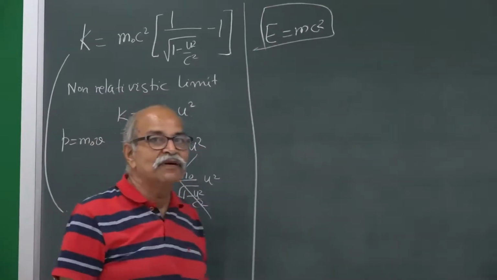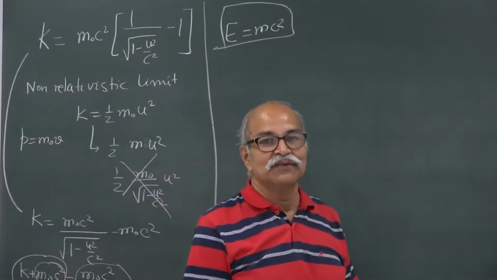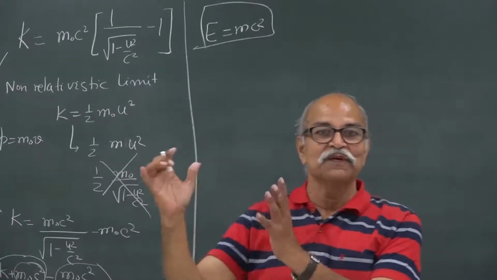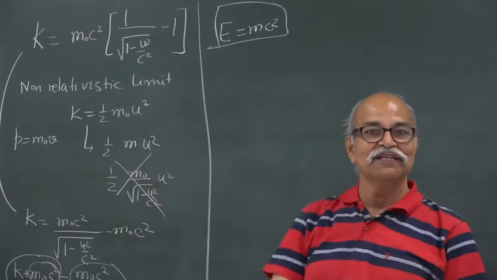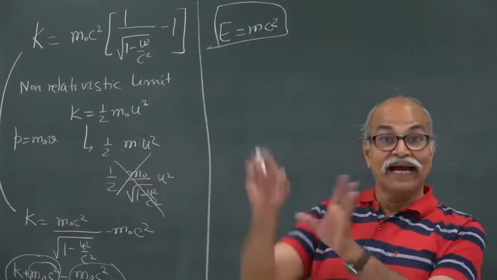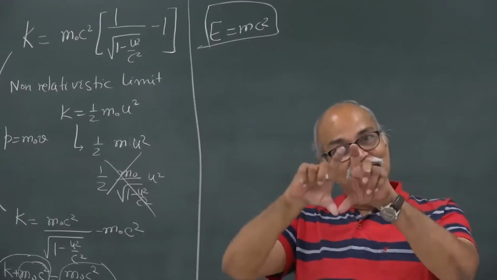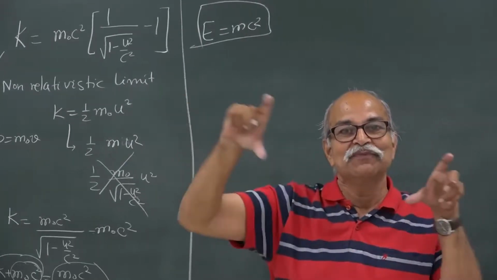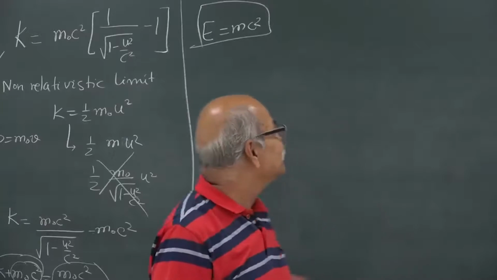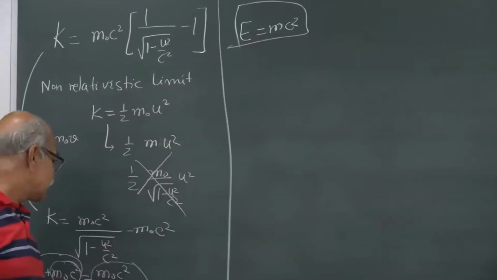The very famous equation E equal to mc square, the logo of special theory of relativity. You look at books on special theory of relativity or books on Einstein, and you may find that, in a very decorative way, E equal to mc square is put on the cover page and so on. So, it is this expression which comes from here.